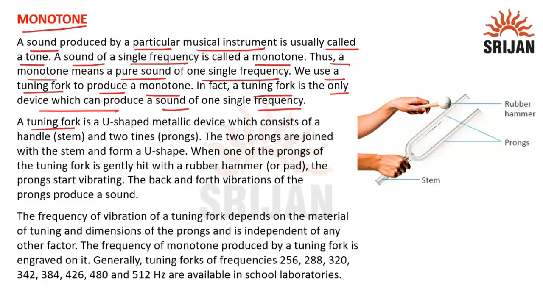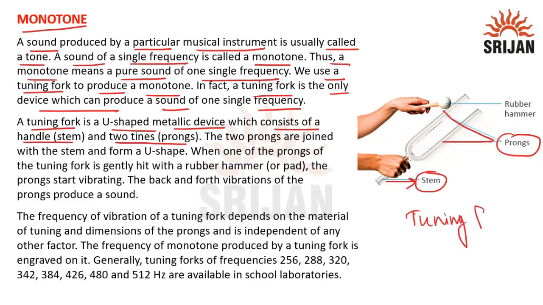A tuning fork is a U-shaped metallic device which consists of a handle or stem and two tines or prongs. So this is the stem or handle and these are the prongs, and this is a tuning fork.